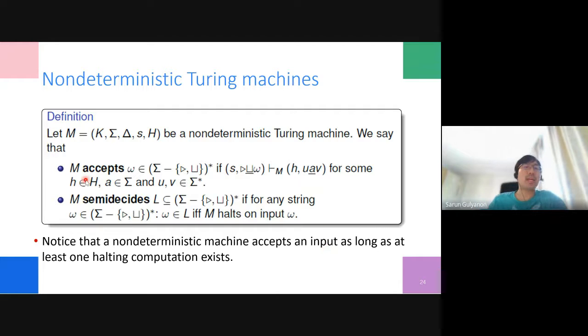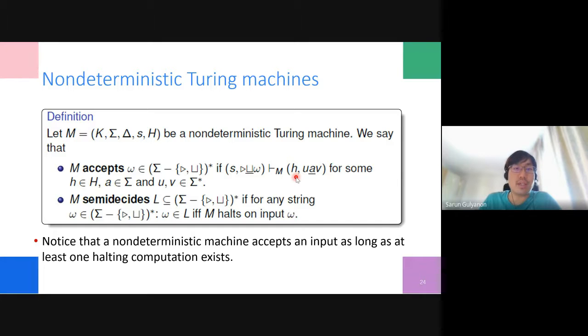We say that this non-deterministic Turing machine M accepts a string W if this string, given as the input, inscribed in the tape, and starting at the initial state, we can compute it and eventually get to the halting state at some point.